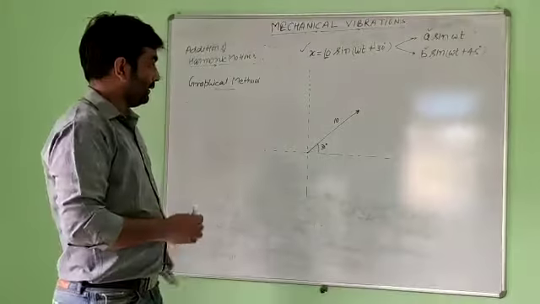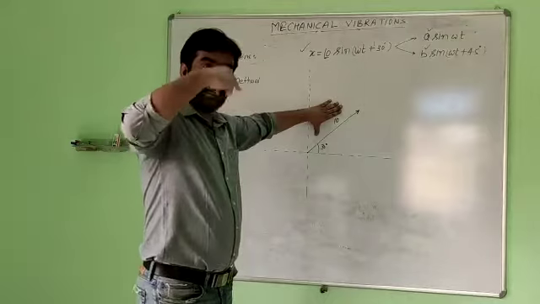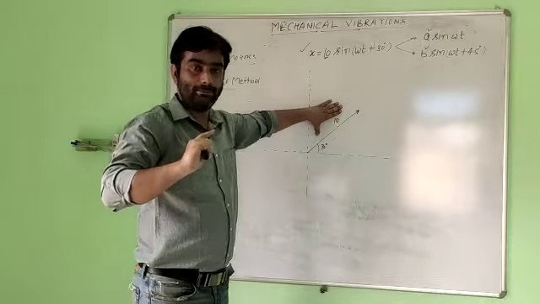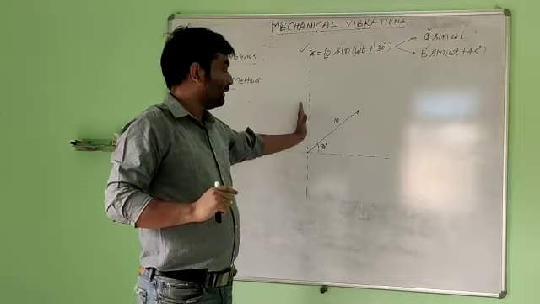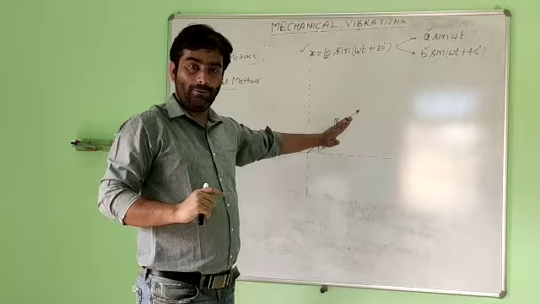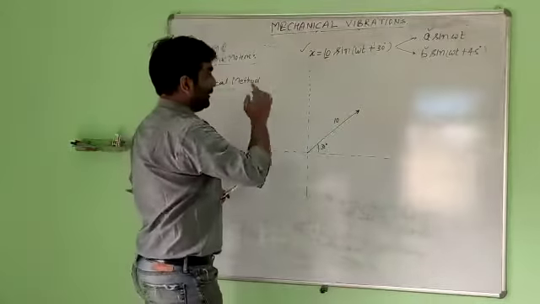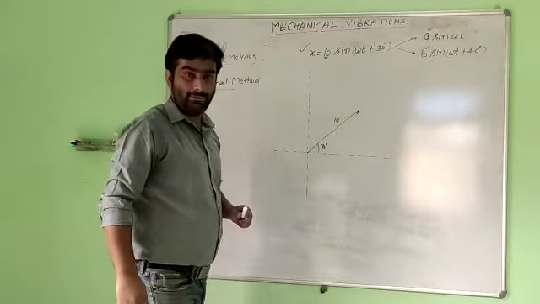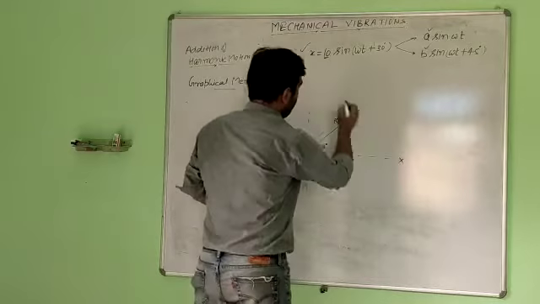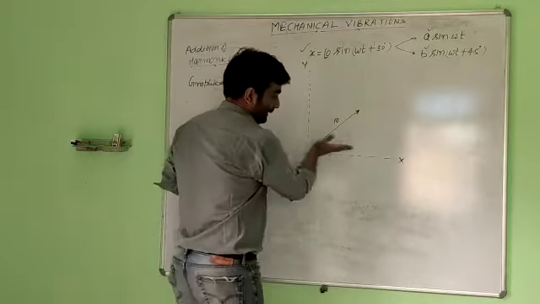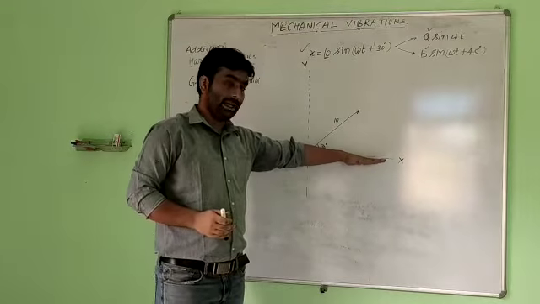This resultant will be the diagonal of the parallelogram. Now we have to draw the two adjacent sides of that parallelogram. The first condition is given: the first harmonic motion has phase angle 0, meaning it is along the x-axis. We don't have the amplitude, but we have the direction.